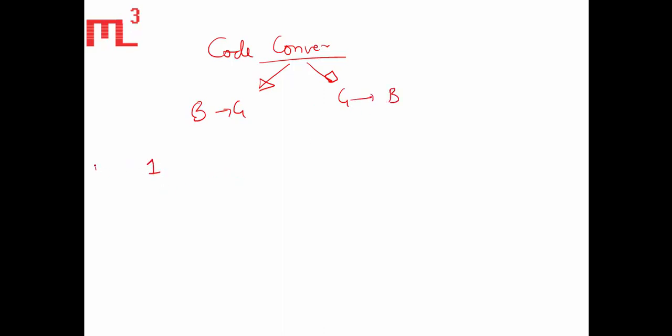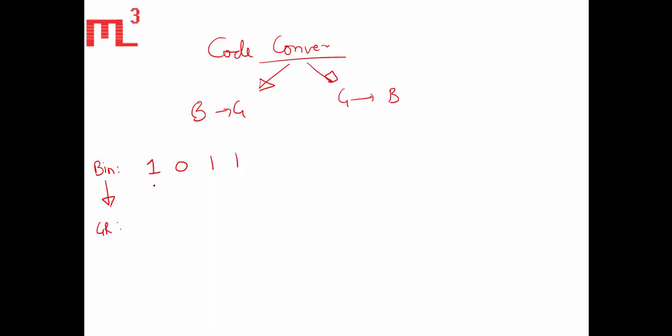Now, how to generate them means code conversion. There are basically two types of code conversion: binary to gray or gray to binary. We will see them one by one. Suppose the code is in binary, 1 0 1 1, and I want to convert this into gray code.